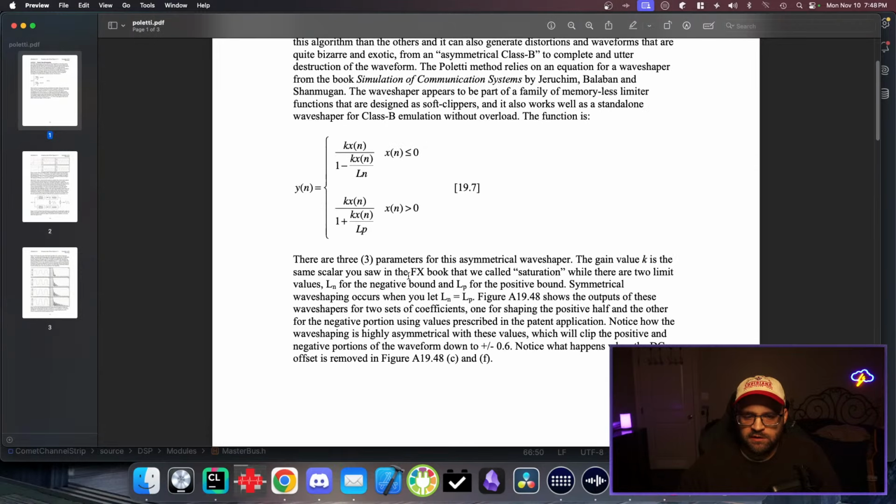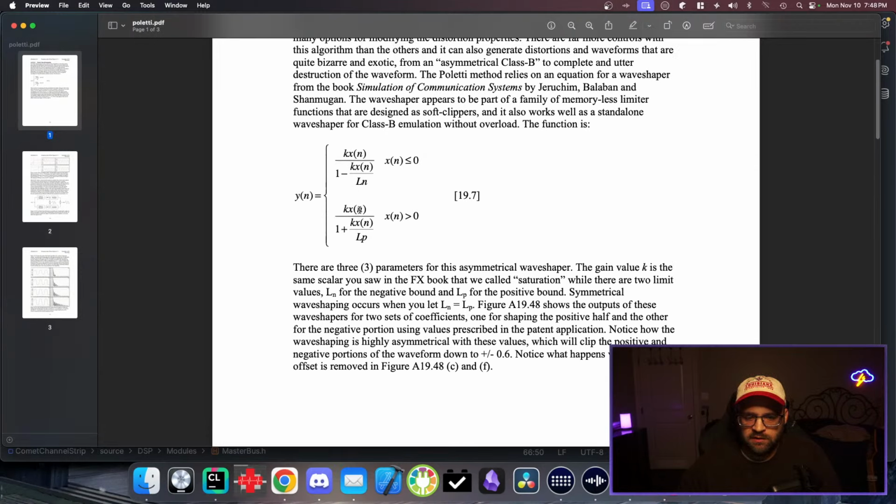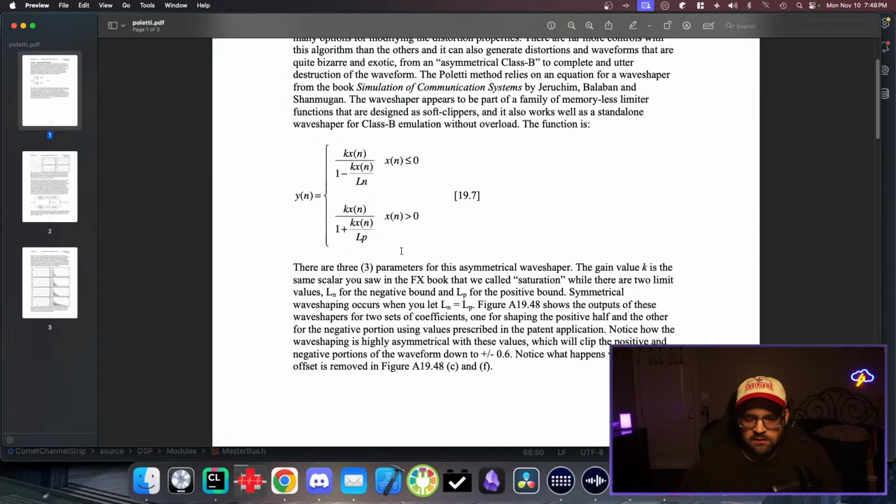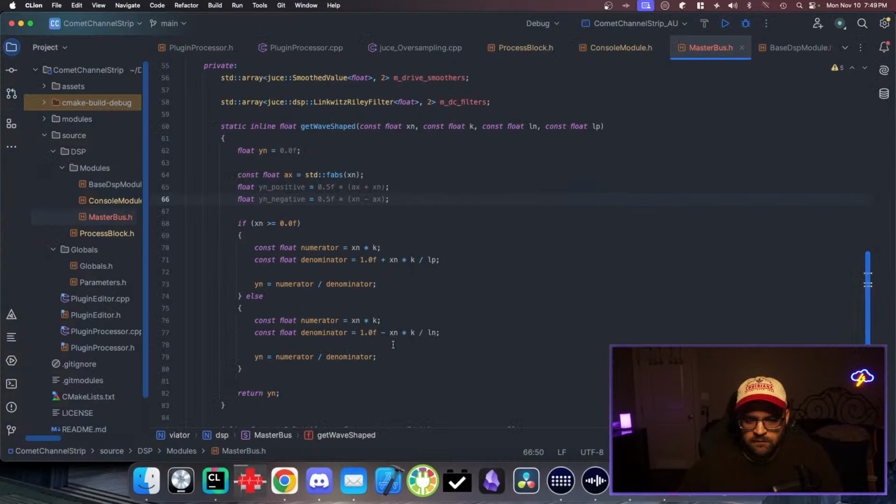If we go up to this equation here, the numerator is k times xn, so that's the same. The only difference is using LP for positive. Oh, this is why. Oh, wait. No, LP, LN. That's correct. Positive 1 plus, negative 1 minus. Okay, so yeah.